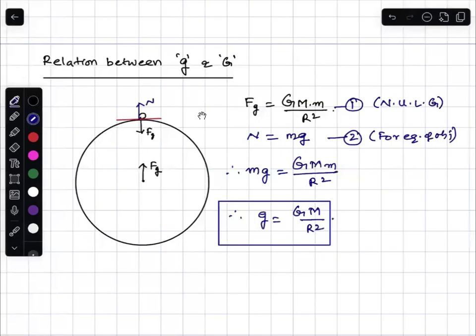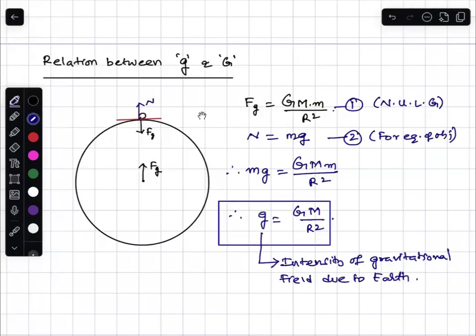Okay. So from this relation, we can actually observe that the acceleration due to gravity is nothing but the intensity of gravitational field at that point. Remember, g is nothing but intensity of gravitational field due to Earth. Right.